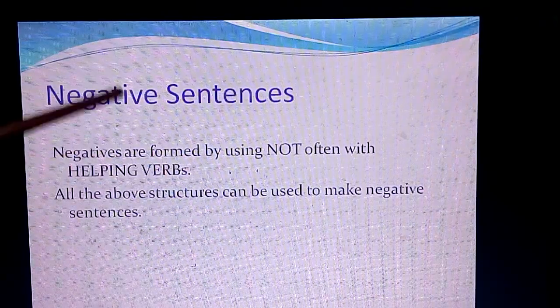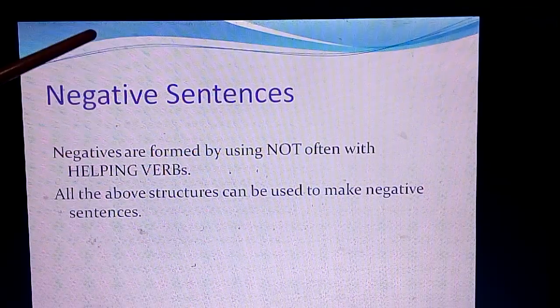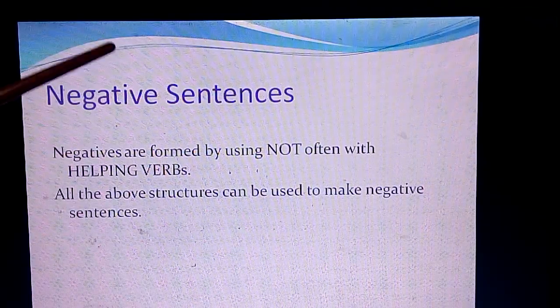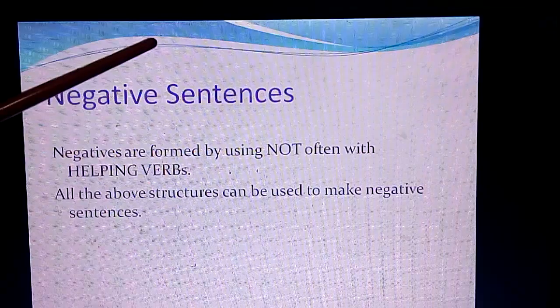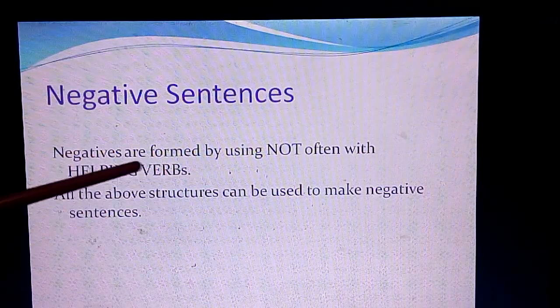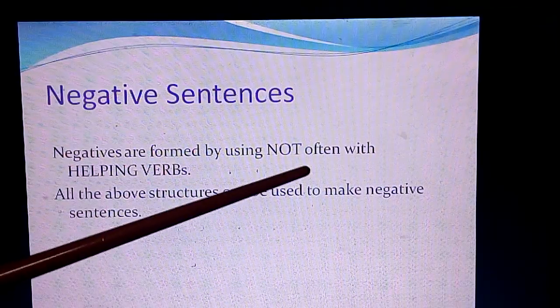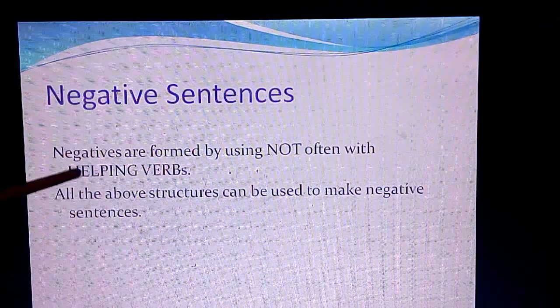Okay, so this brings us to negative sentences. Just now we have seen affirmative sentences, different possibilities and possible structures in affirmatives. Now let us go to the negative sentences. So negatives are formed by using not, often with helping verbs.